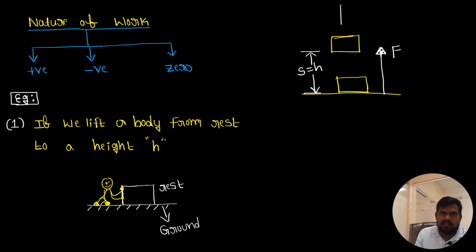On this same block, the gravitational force Fg is acting vertically downward and the applied force is acting vertically upward. But height or displacement is vertically upward only.